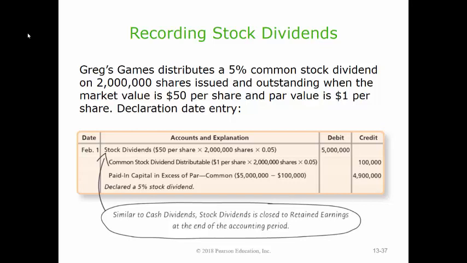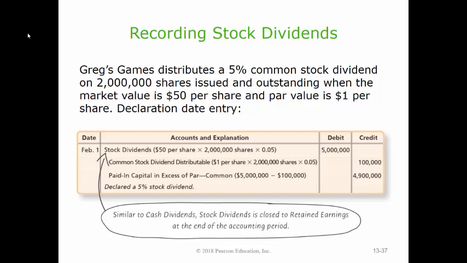You're going to next credit stock dividend distributable, which is a liability account, by taking the par value of those shares, multiplying it by the number of shares you are distributing, which you can find by taking the number of shares currently outstanding and multiplying it by the dividend distribution rate. So $1 times 2 million times 0.05 is $100,000.